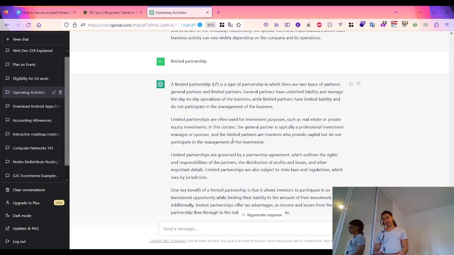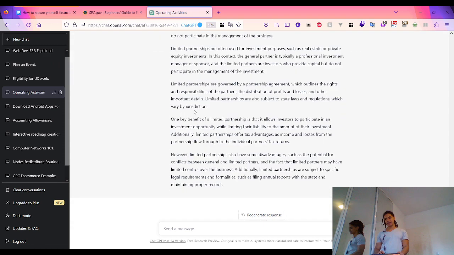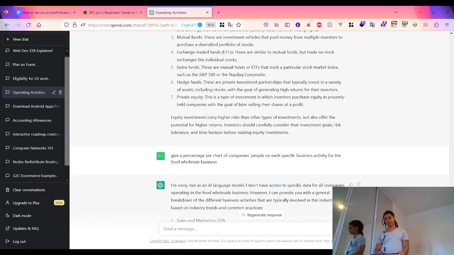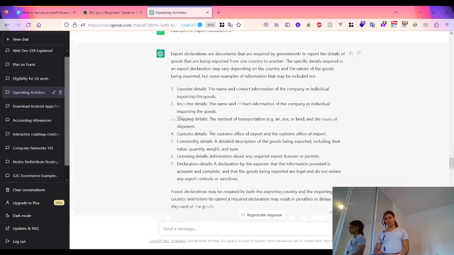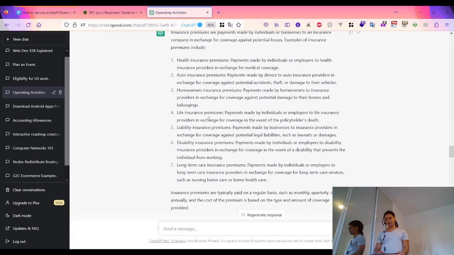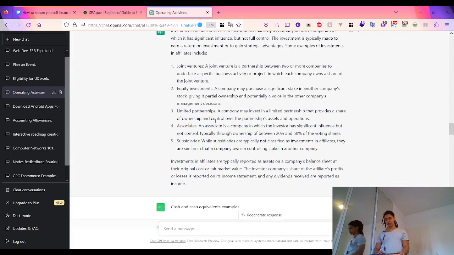But one of the trade-offs is that the limited partner cannot influence or has limited control over the business.